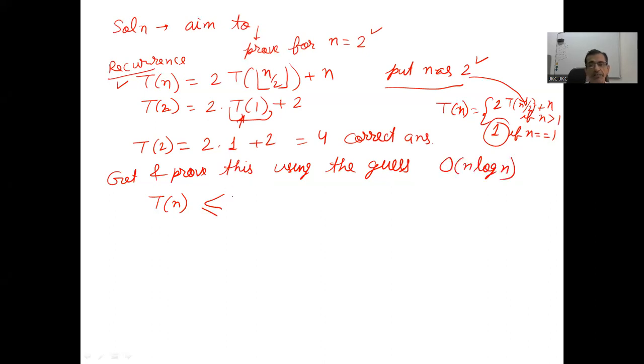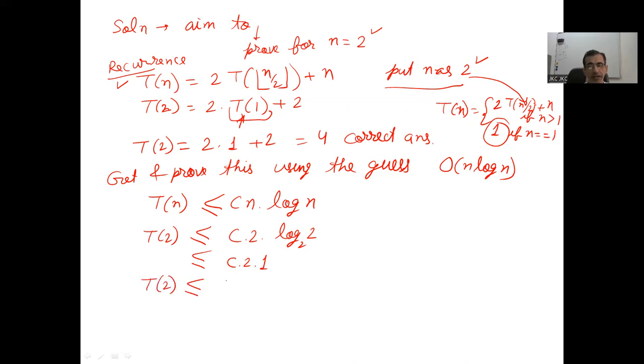That indirectly meant that this is equal to Cn log n. Now substitute here T2. So T2 becomes less than or equal to C into 2 into log base 2 of 2. I can say it becomes C into 2 into 1. So T of 2 will be nothing but less than or equal to 2C.